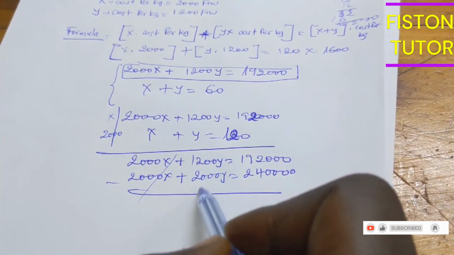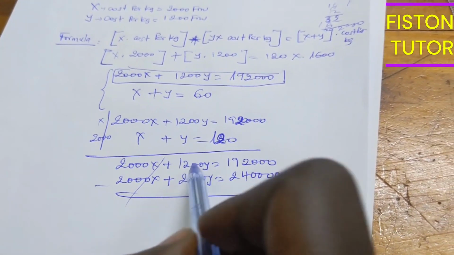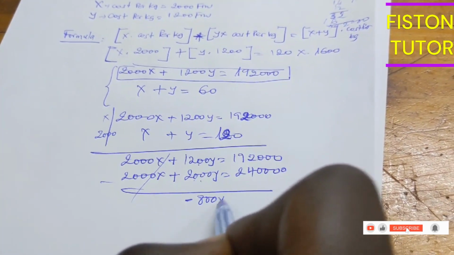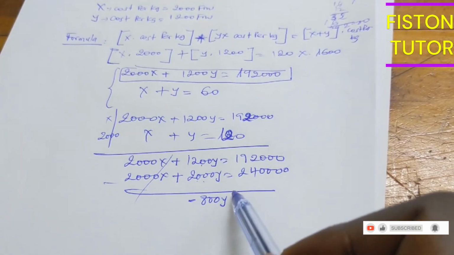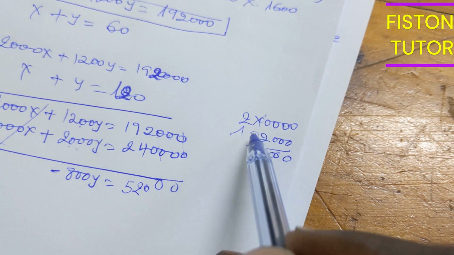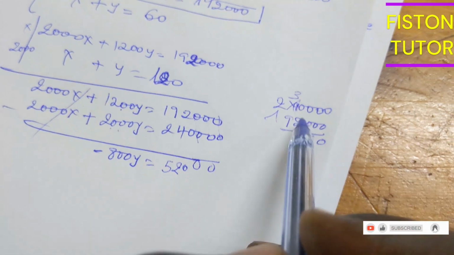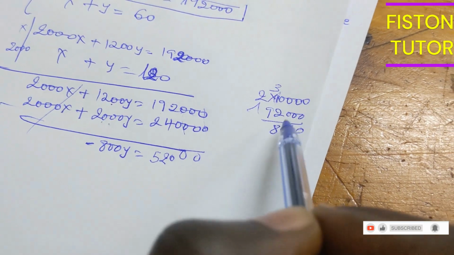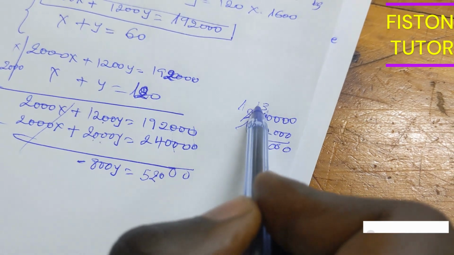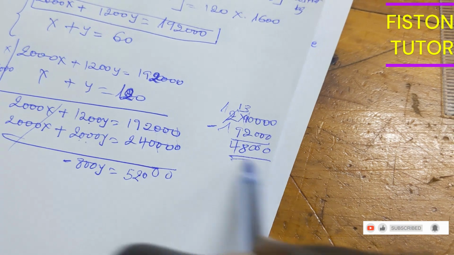Then here we have 1,200y minus 2,000y, which will be equal to minus 800y, which is equal to 192,000 minus 120,000, which gives 72,000.